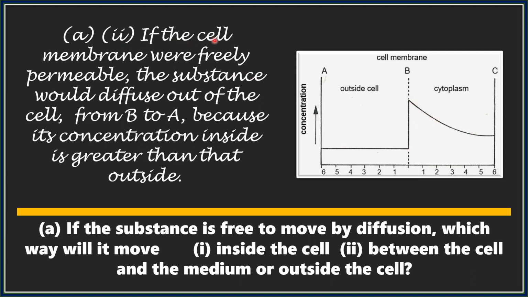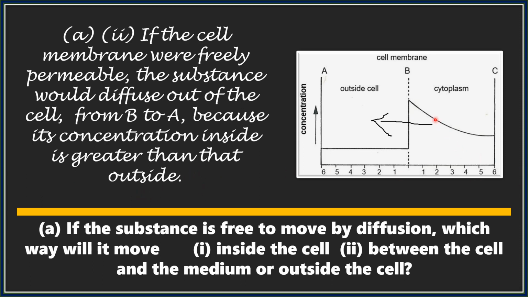So we say if the cell membrane were freely permeable, meaning that it can easily allow substances to go inside and outside, the substances would diffuse out of the cell from B to A. So if this membrane was freely permeable, substances will be moving from the cell going out of the cell. Why? Because its concentration inside is greater than that outside.